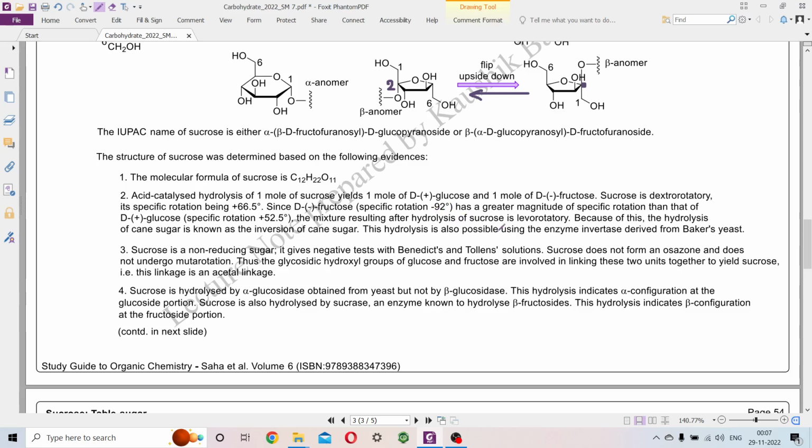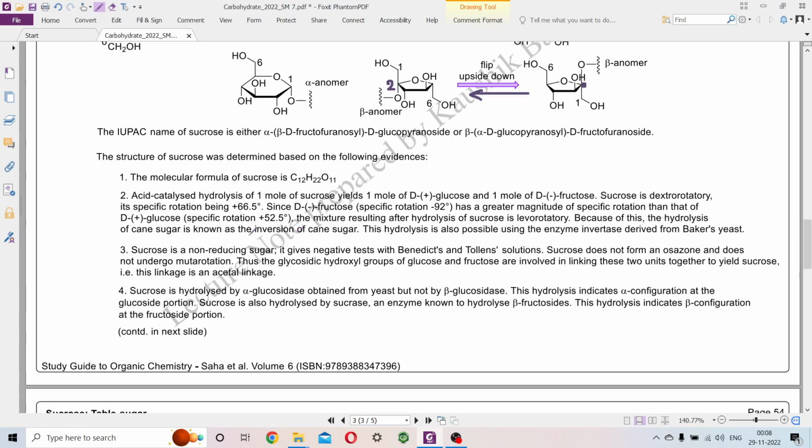So before the hydrolysis of sucrose you observed dextrorotation, and during the hydrolysis the rotation changes to that of the 1:1 mixture of glucose and fructose, and the overall rotation becomes levorotatory, and that is why this reaction is known as inversion of cane sugar.